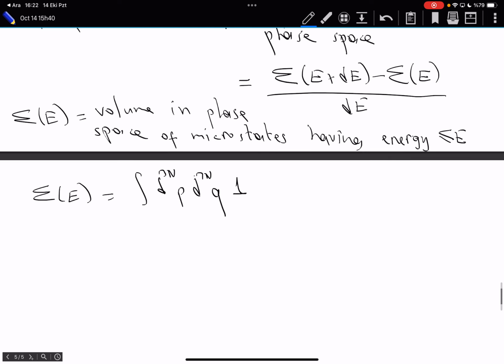So if you evaluate this integral over any finite volume, you will get the volume of your subspace. Well, there are no restrictions on q, the only restriction on q being that they have to be within my volume V. So the volume integral will just give me V to the power n.